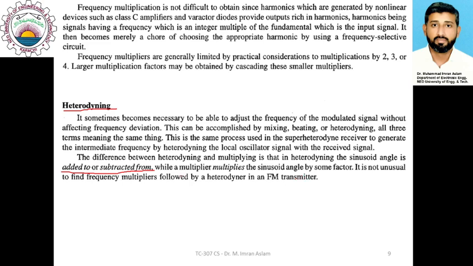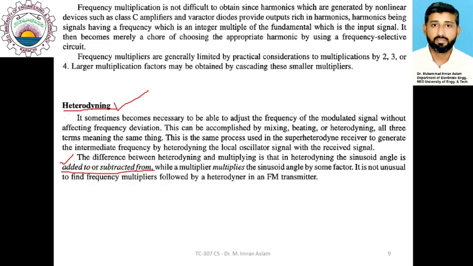After the multiplier, sometimes we need to add or subtract frequencies by using a local oscillator. You should note that heterodyning does not affect the frequency deviation. Rather, it only adds or subtracts in the carrier frequency. So it will only change the carrier frequency by a certain number, and it will not change the frequency deviation.